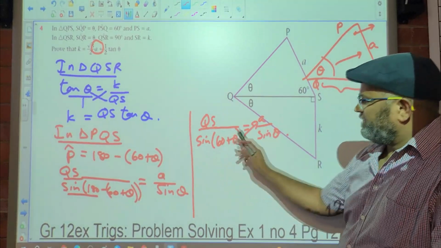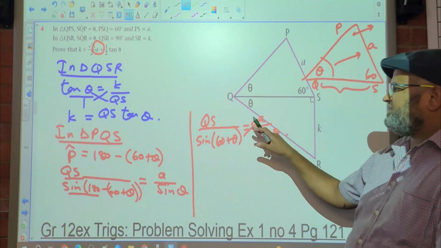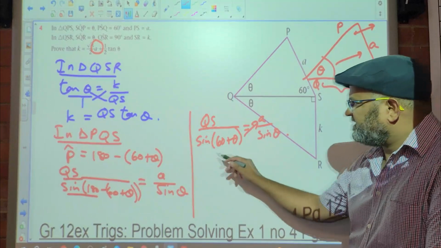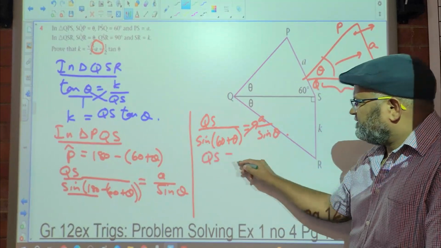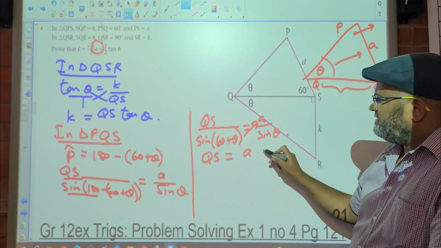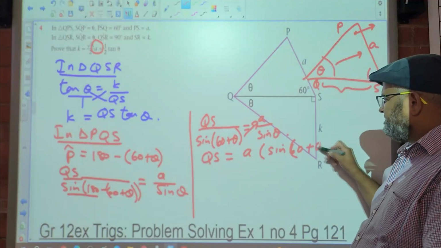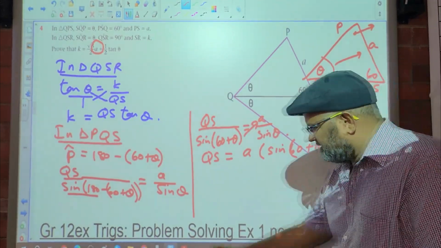Take that up, where I cross multiply, it's going to be QS sine theta is equal to A into sine 60 plus theta, and then I divide both sides by sine theta. So QS is also equal to A into sine 60 plus theta over sine theta. I don't need that bracket there.